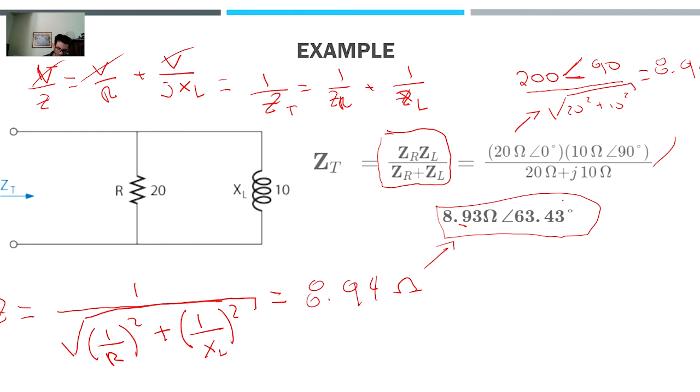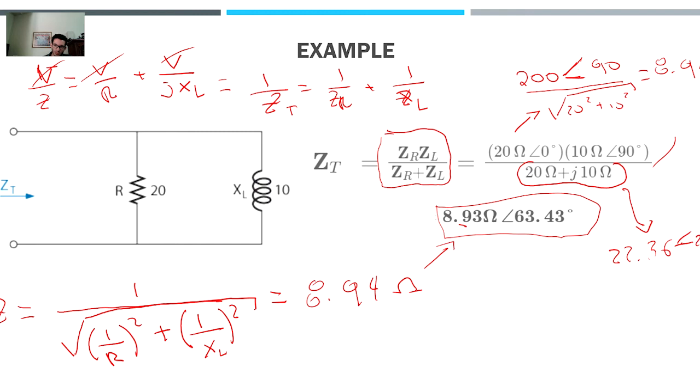So this part right here, let me write down again, this part right here is, using the calculator, I do the square root of 20 squared plus 10 squared, and that will give me 22.36 at an angle of 26.56.